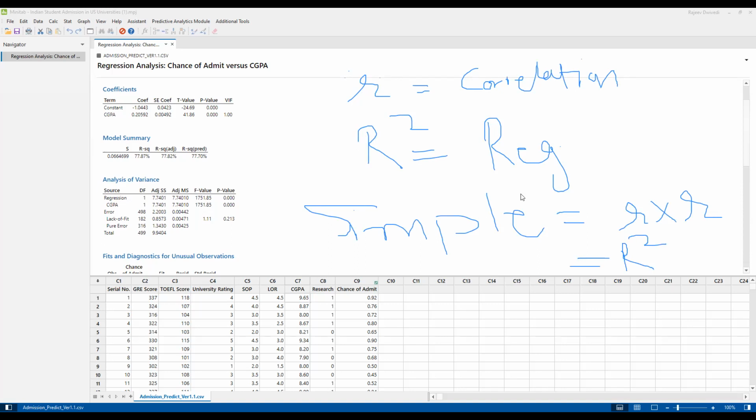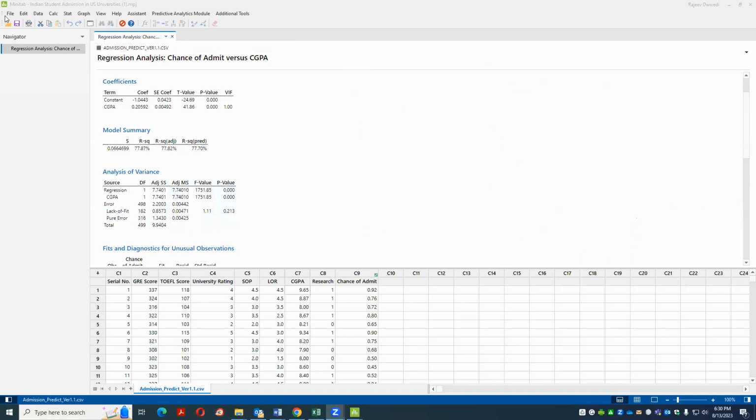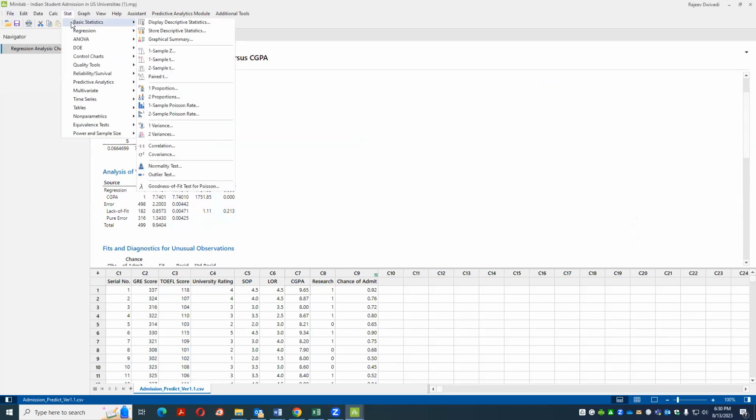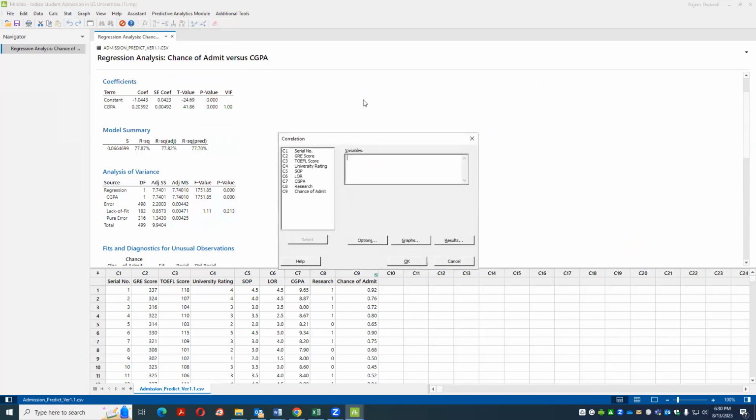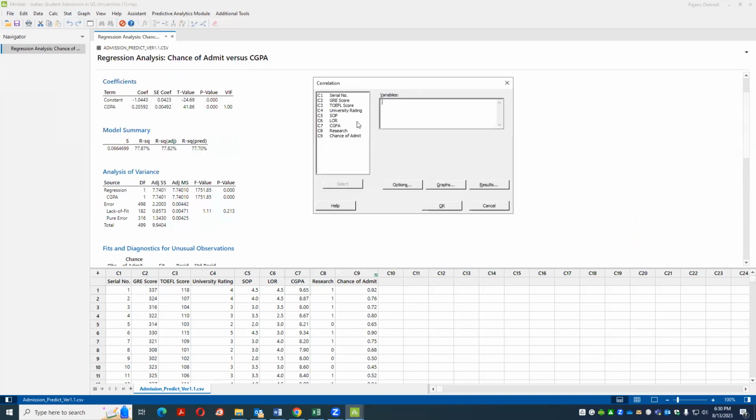Just a minute. Okay, so let me share my screen. Now I am going to do correlation. How do we do correlation? Basic statistics, and here we have correlation. What are the two variables we are doing?